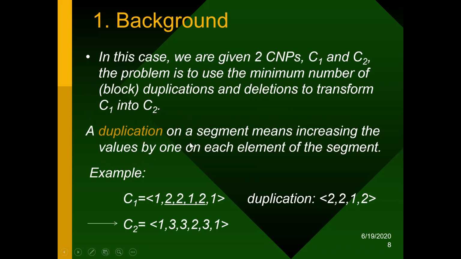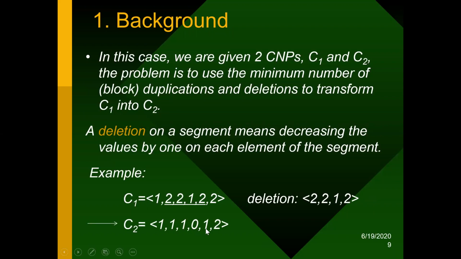A duplication on a segment basically means you increase the value of each position in that segment by 1. For example, I have this segment 2, 2, 1, 2. The duplication means increasing the value of each of them by 1, so it becomes 3, 3, 2, 3.